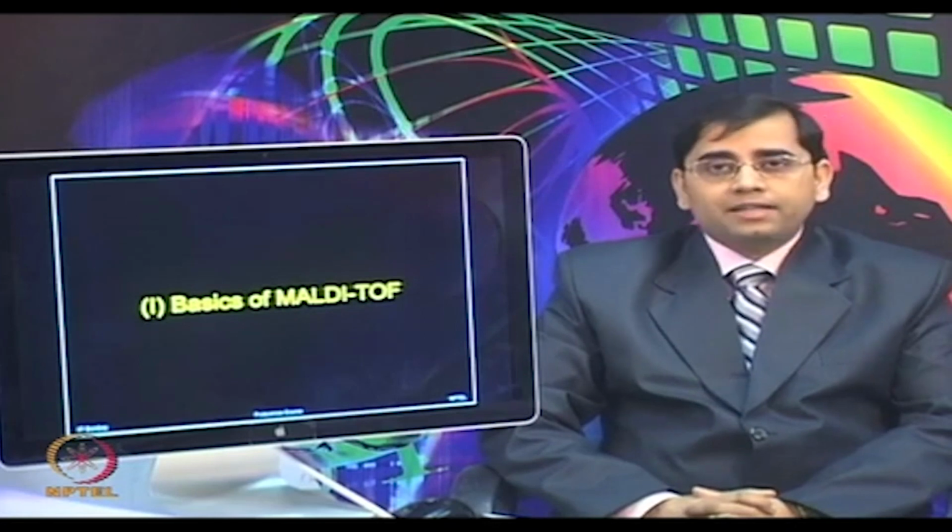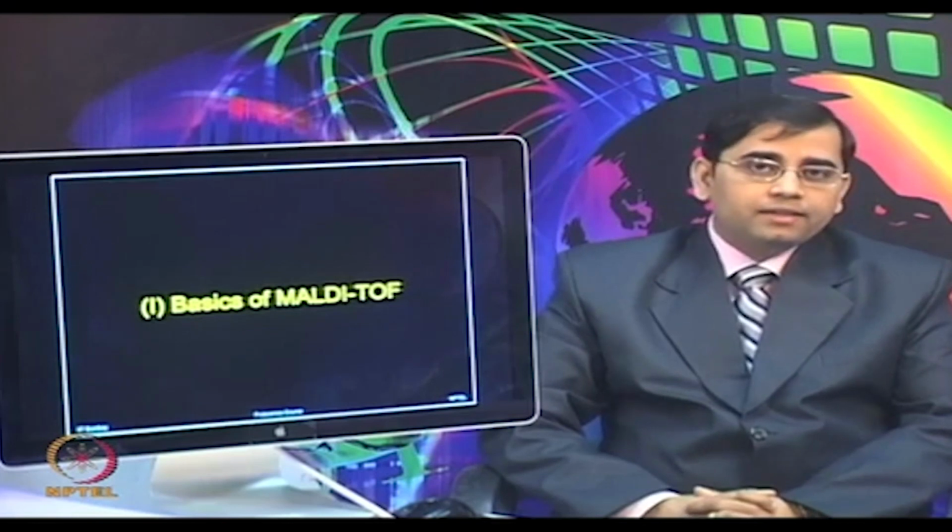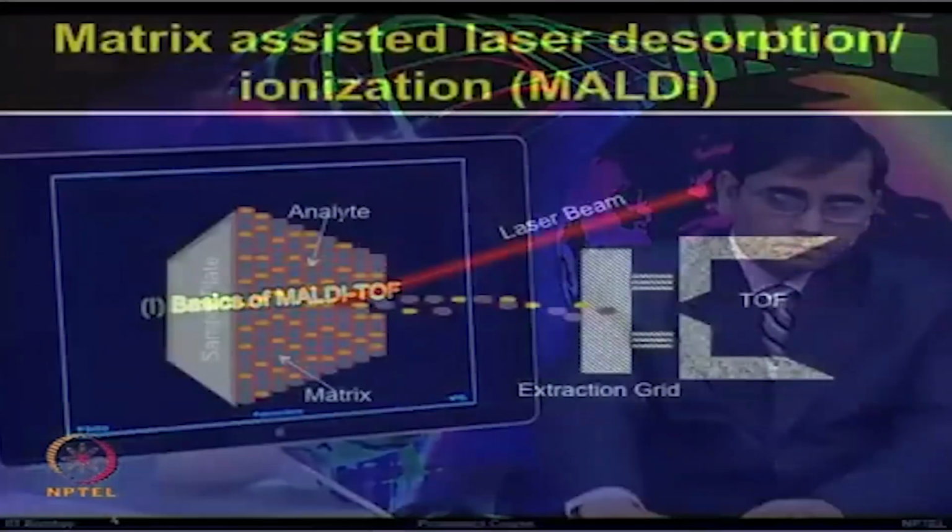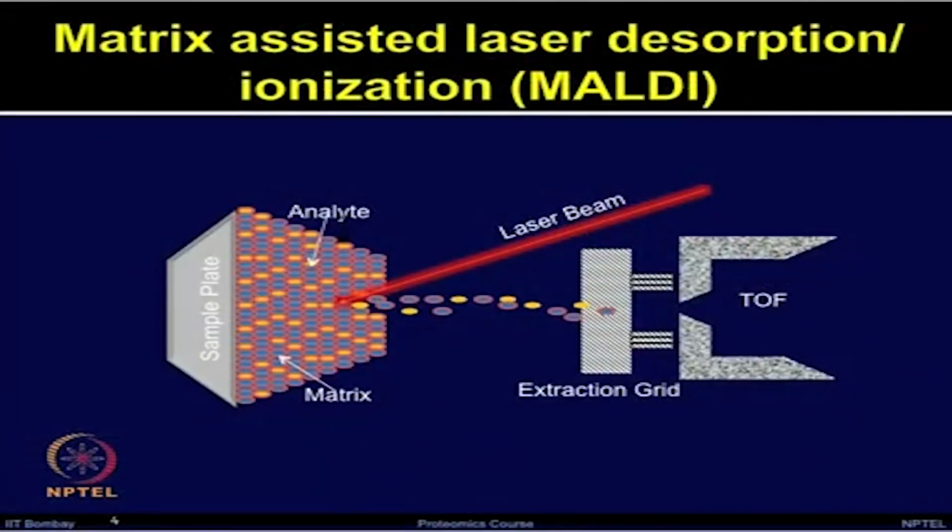So, let us go through some of the basic concepts involved in MALDI-TOF. We can split that into two parts. One is MALDI, which is the ionization source, and the other is TOF, which is a mass analyzer. Let us first talk about matrix assisted laser desorption ionization, or MALDI.